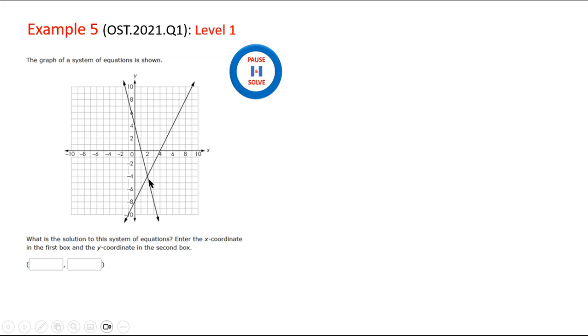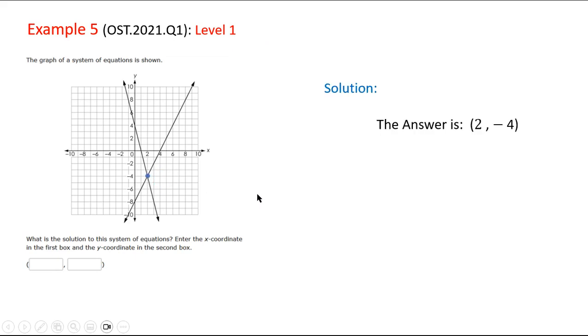So again, the solution is the intersection, which is this point here. So x is 2, y is negative 4. Now, they want you to put the 2 here and negative 4 here. Don't make a mistake because you will lose points. See how easy this question is?